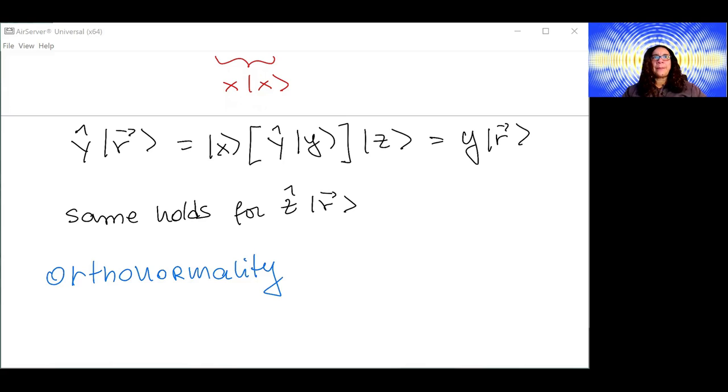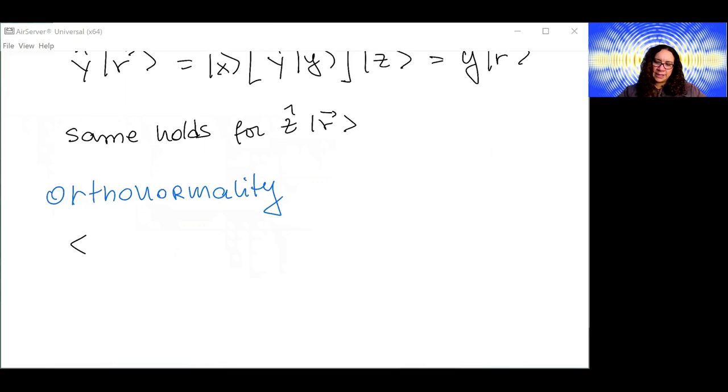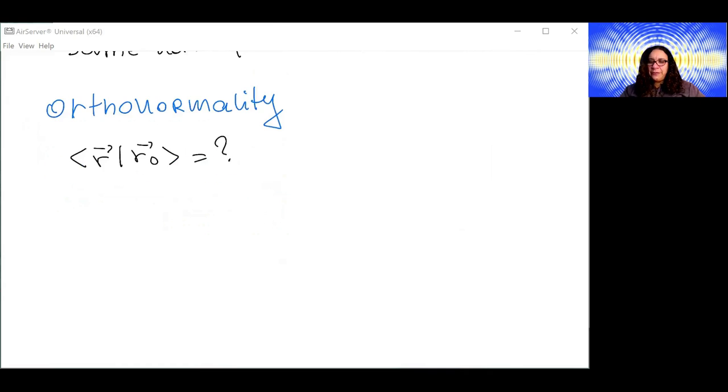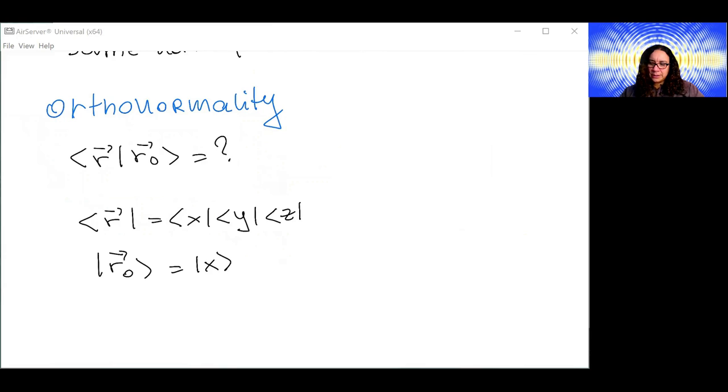Note as well, say what happens if you want to calculate the inner product of r with r naught. Well, from the definition that we have, r is going to be x, y, z, and r naught is going to be x naught, y naught, z naught.